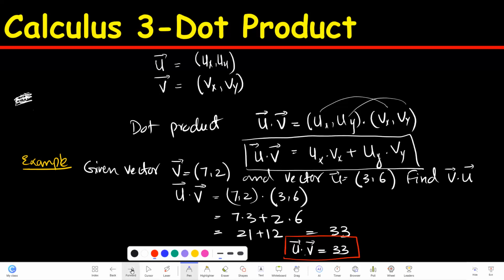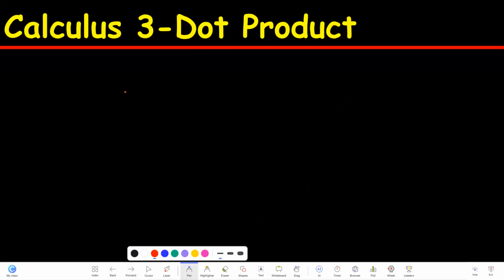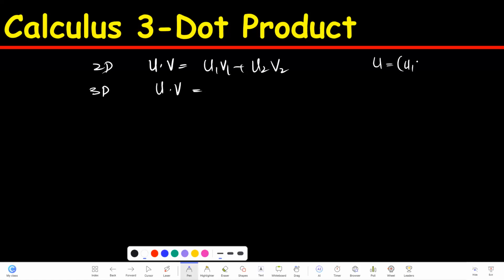Let me go to the next slide. Do some more problems. But before we do some more problems, we're going to be talking about u dot v equals u1 v1 plus u2 v2, and these are the components of u. But if you have a 3D, this is a 2D. If you have a 3D, I'm going to write here u equals (u1, u2, u3), v equals (v1, v2, v3).